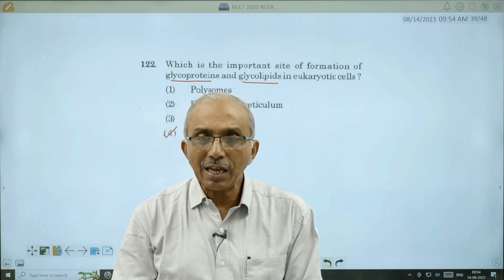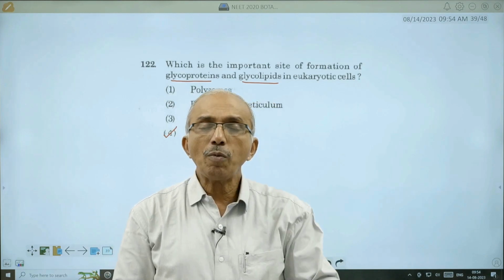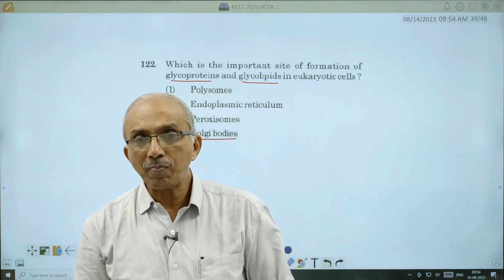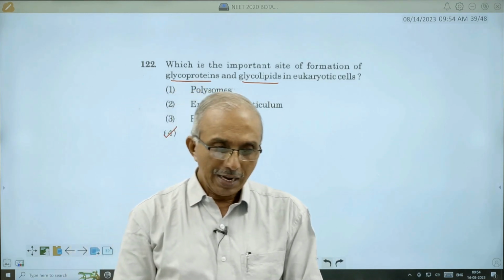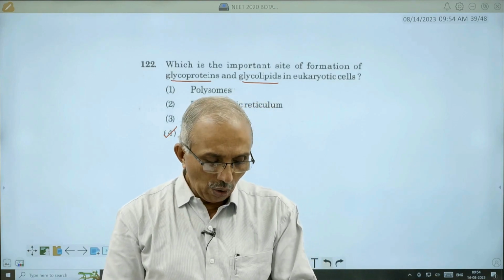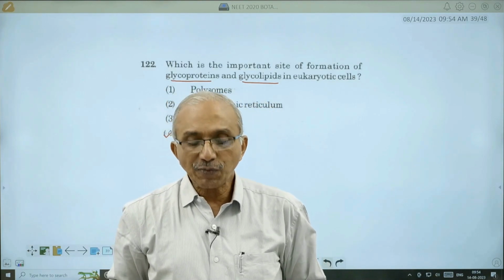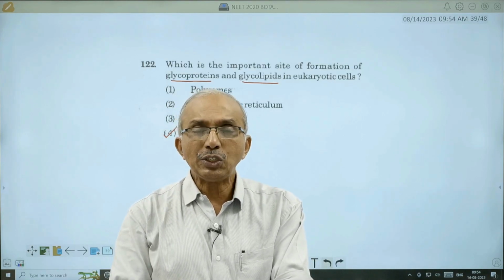After chemically modifying them, these glycoproteins and glycolipids are released from the trans phase of Golgi body. The trans phase is also called the maturing phase.